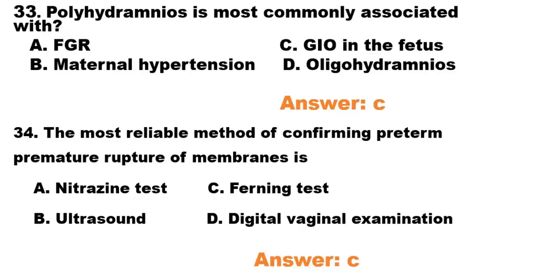You said C, you have got the answer, because the ferning test shows the characteristic fern pattern of amniotic fluid under the microscope, and it is the most reliable confirmation of premature rupture of the membrane.